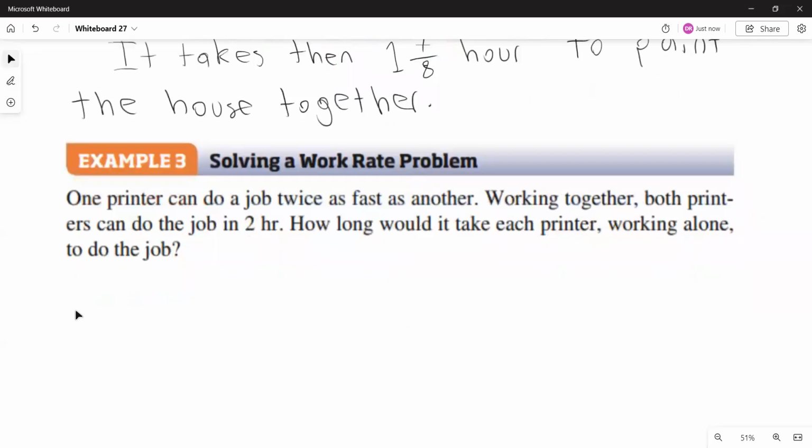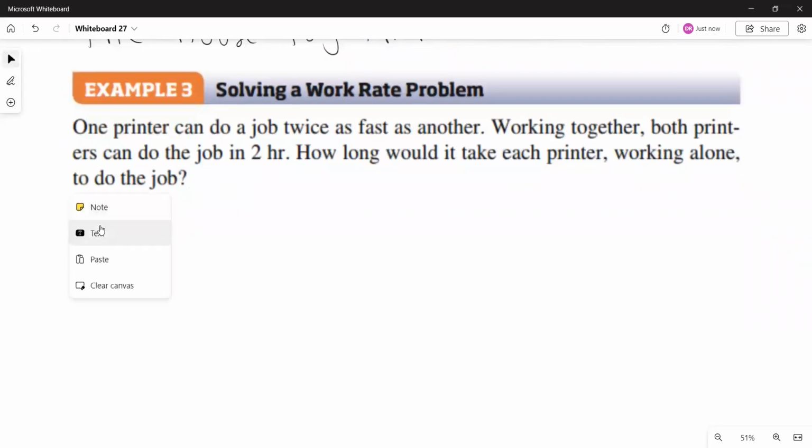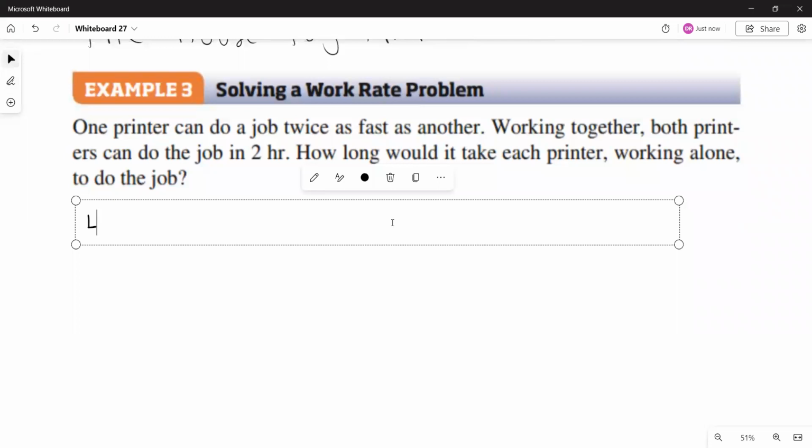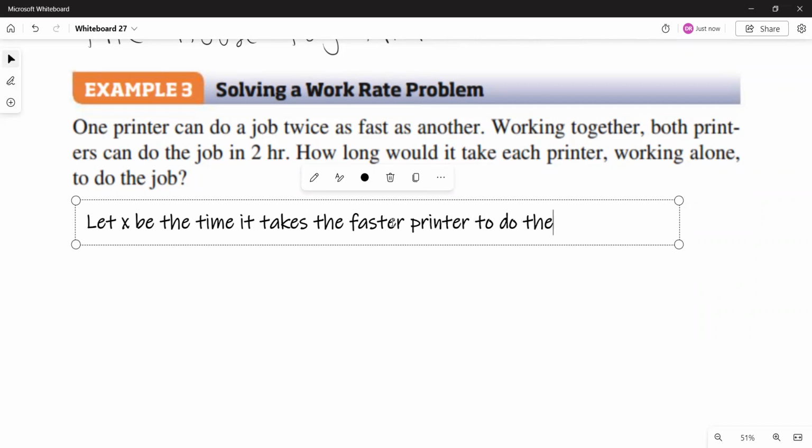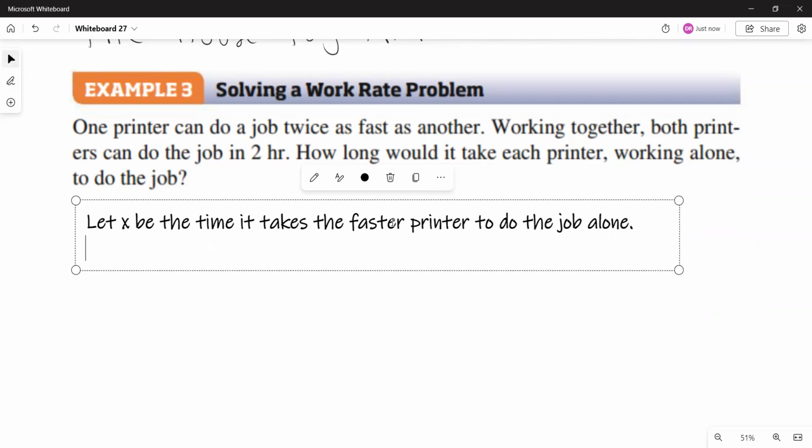Okay, so we're going to assign names to variables. We're going to let x be the time it takes the faster printer to do the job alone.